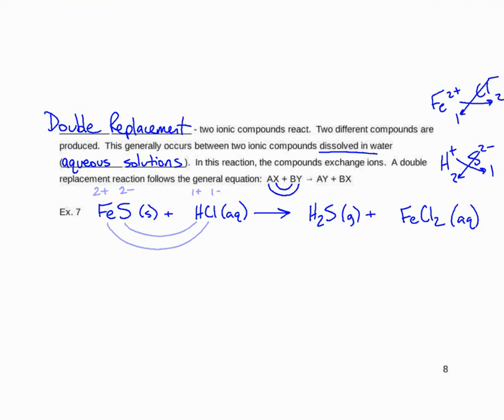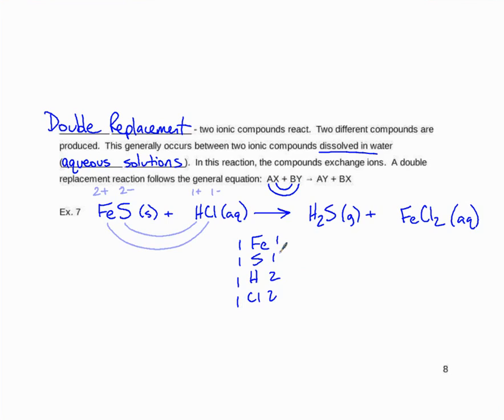The last step here, this thing is not balanced. And we want to make sure that when we have a chemical equation written, that we've balanced it. And so for this one, what I'm going to do is go ahead and write all these out. 1, 1, 1, 1. 2 hydrogens, 2 chlorines.